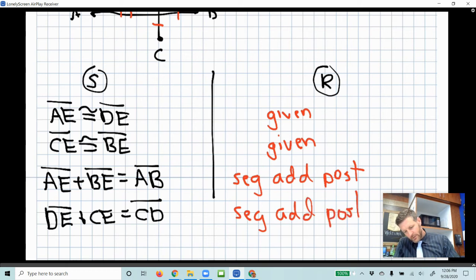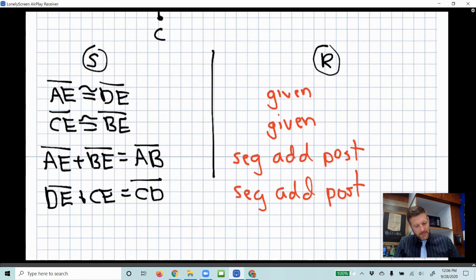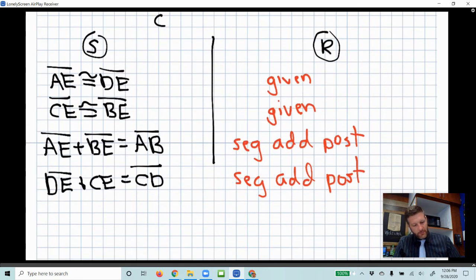Now, this is about the time where you go, okay, wait, why am I saying all this? And sometimes you'll do something and you'll take a step and you'll erase it because you realize that actually doesn't really help. But what I can see here is I'm trying to get these 2, AB and CD, to be equal to each other.